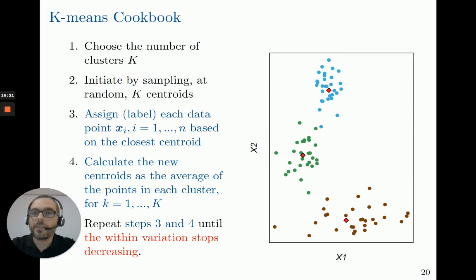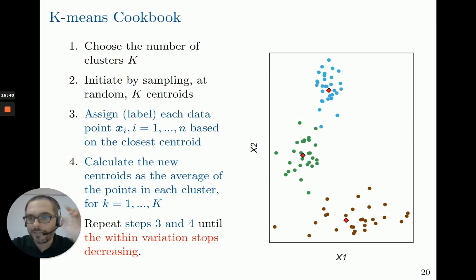So let me repeat. We have the data, two attributes. Basically, we say there will be three clusters. We select three centroids randomly. We initiate by random, with no information about where the centroids are.